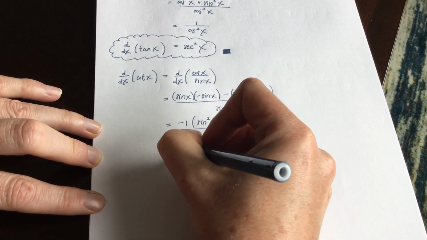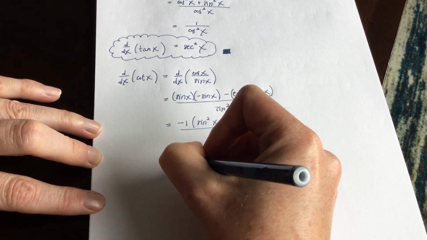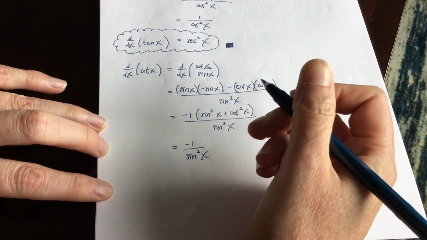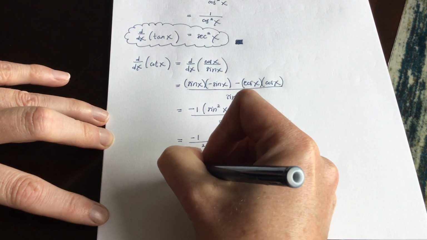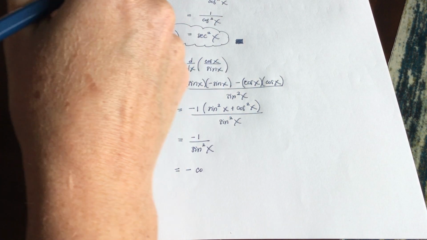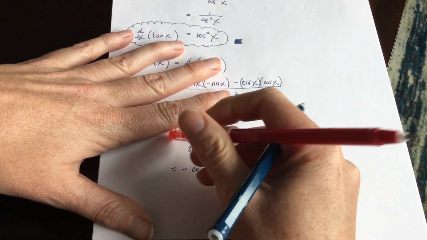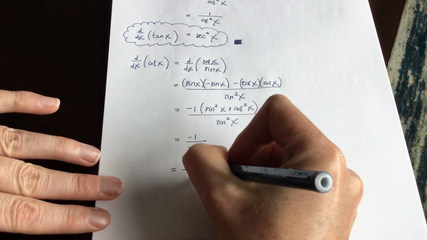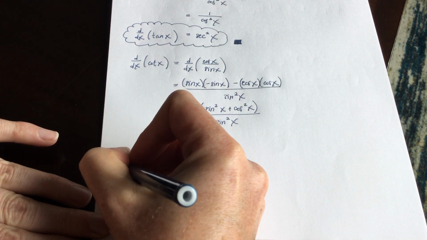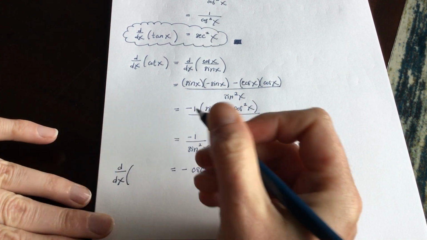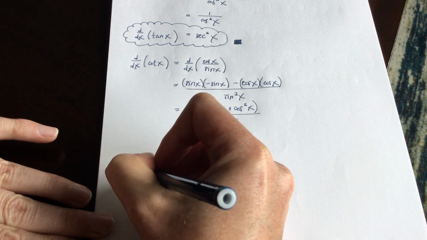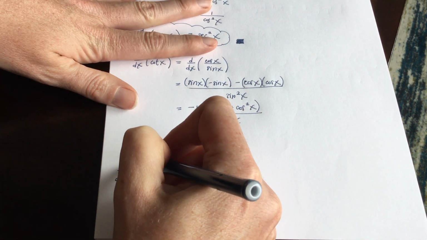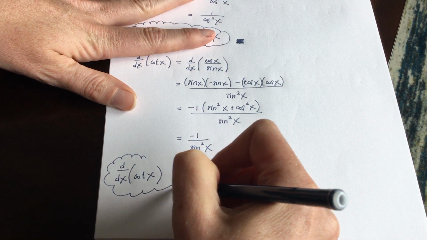So you'd be left with negative 1 over sine squared x. Since 1 over sine is cosecant, this is equivalent to negative cosecant squared x. All right, so another thing for you to memorize, d dx of cotangent of x is negative cosecant squared x.